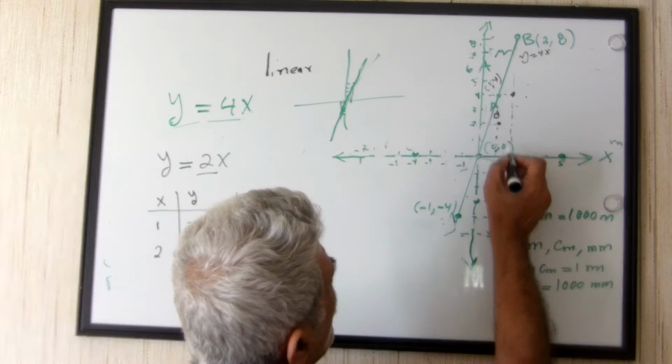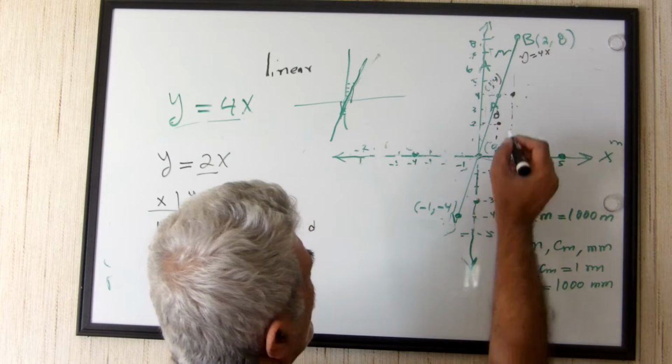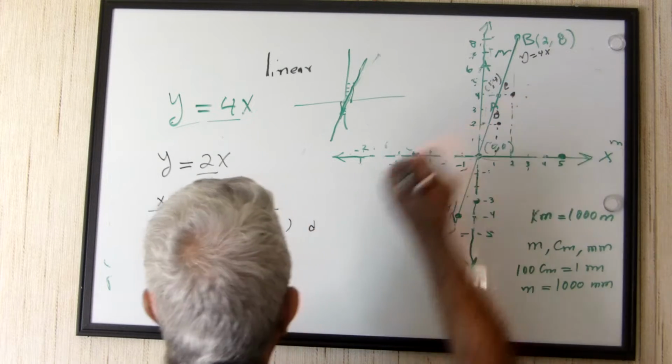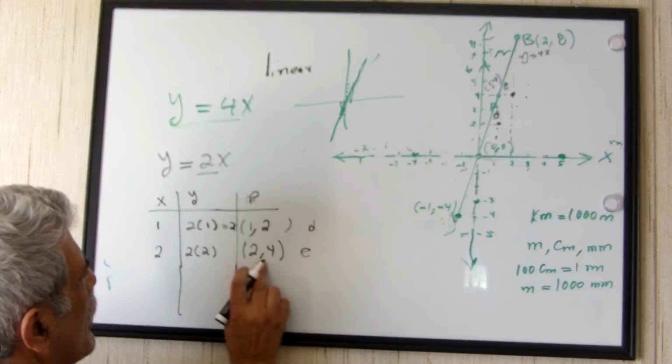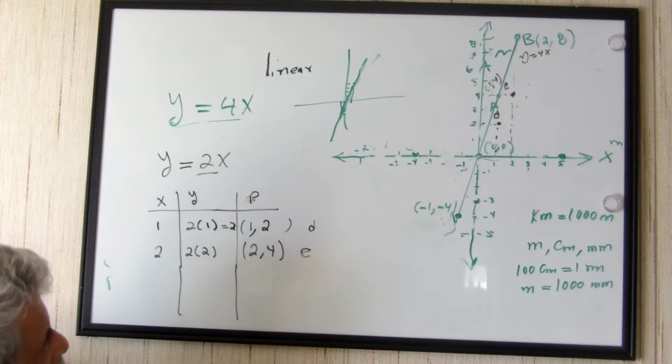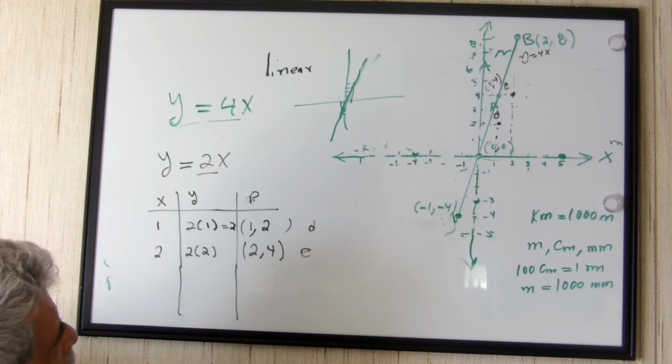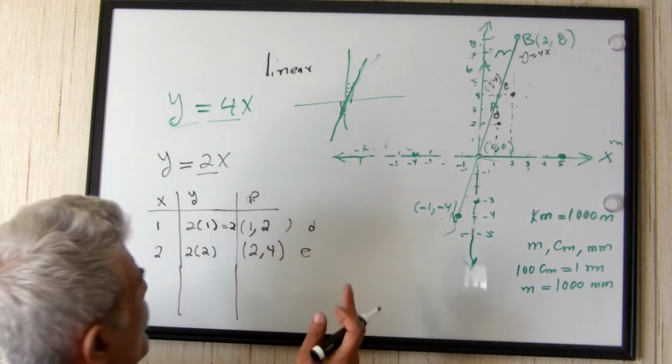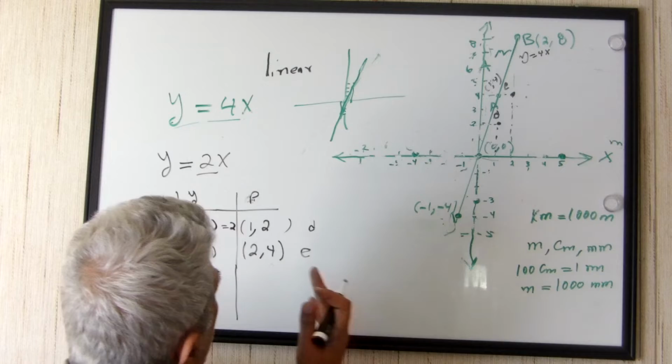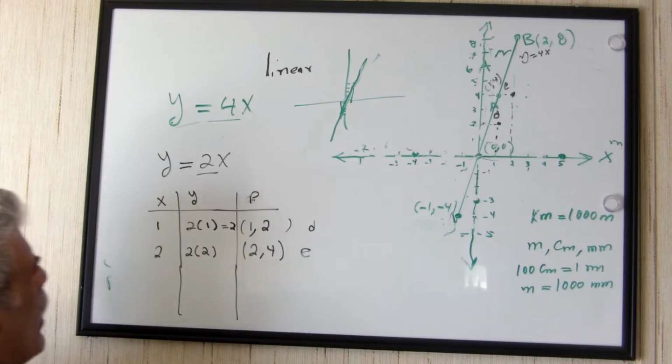X is 2, y is 1, 2, 3, 4. This is another point E. This point has x and y coordinates. When you draw a point, you have to have x and y. Even sometimes y may be 0. We talked about it last time.